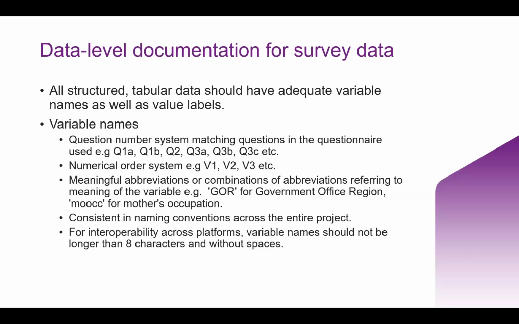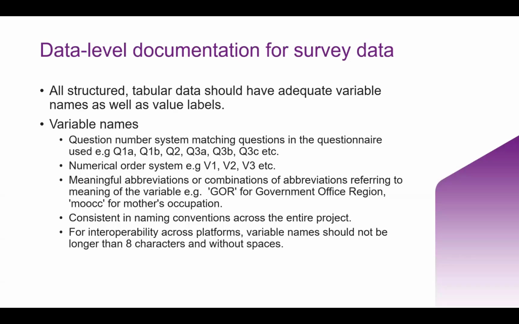We should have meaningful abbreviations, such as GOR for Government Office Region. There should be consistency in naming conventions across the entire project, especially where there are different data sets across the project. Finally, interoperability across platforms. Variables should be no longer than 8 characters and without spaces.